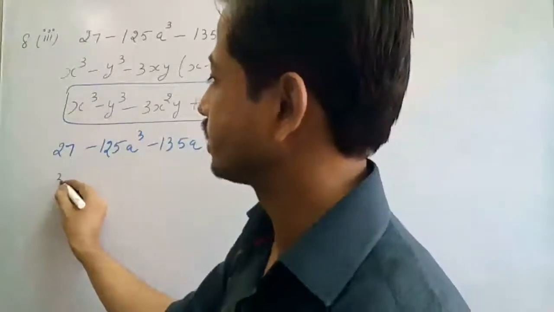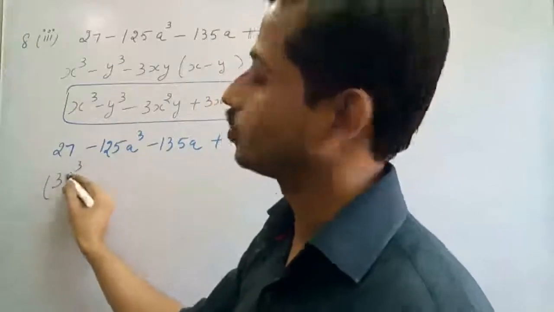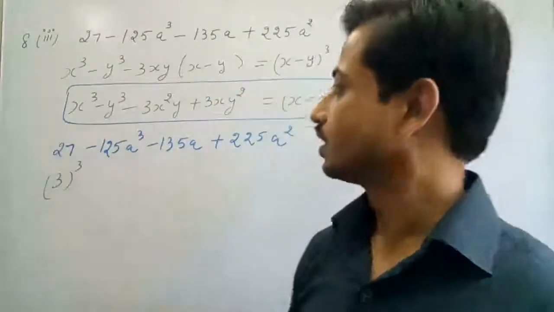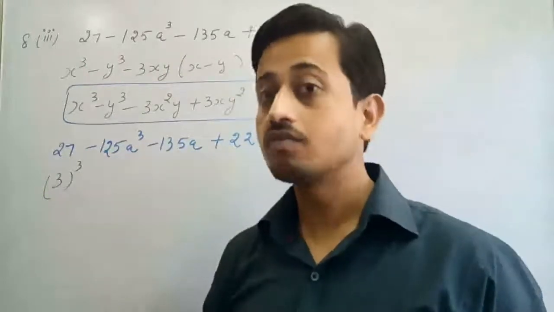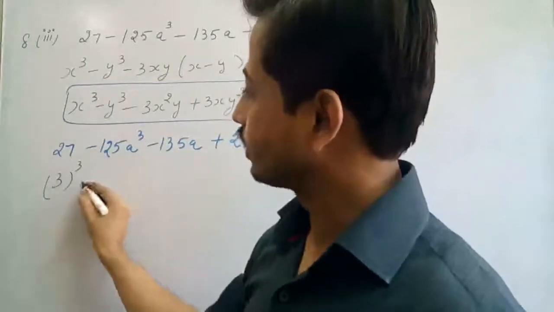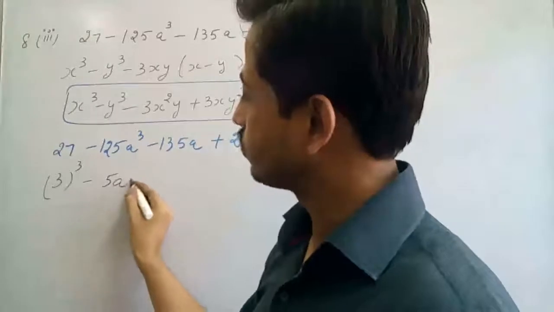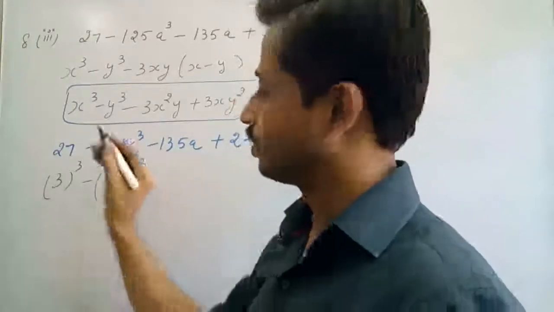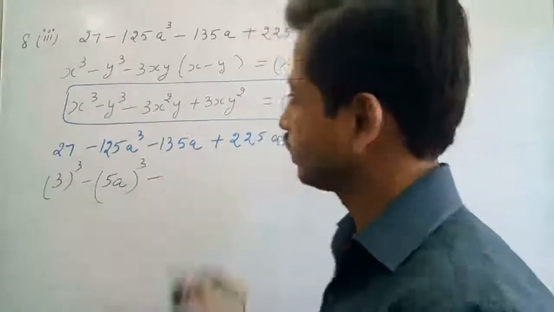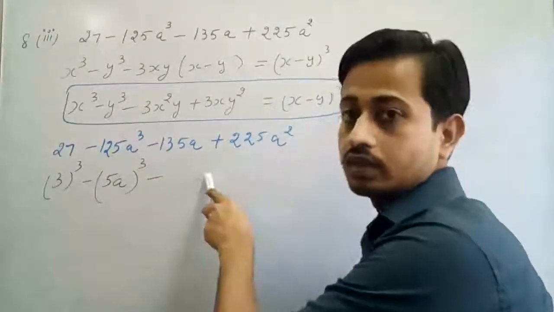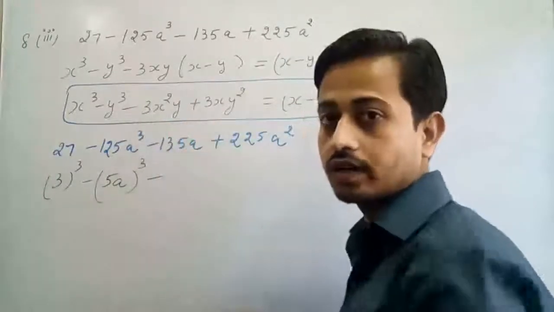So 27 can be written as 3 into 3 into 3, 3 cube, and 125 can be written as 5 into 5 into 5, 5 whole cube. So overall we can represent it as 5a whole cube. Same here. Now there is no need to solve this. Try to make it according to this format.